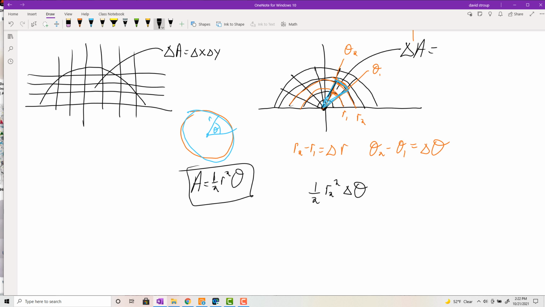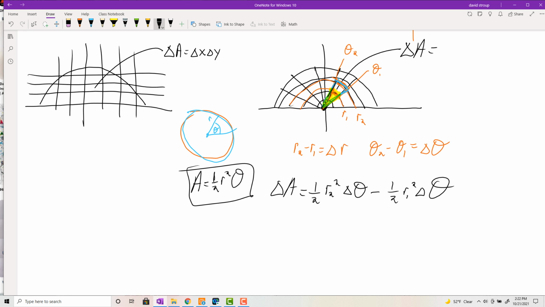Okay, all right, so that's the blue area. I need to subtract away this other area, which I'll put in yellow. I need this area and subtract that away. So the area of that thing is 1/2 r sub 1 squared delta theta. Okay, and that thing right there is my delta A.